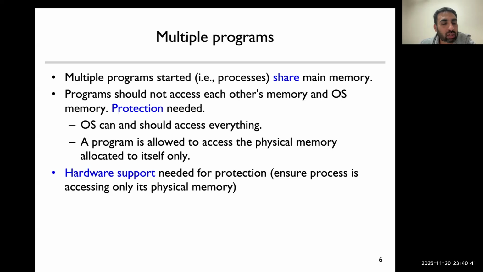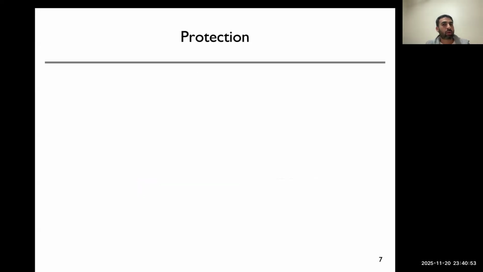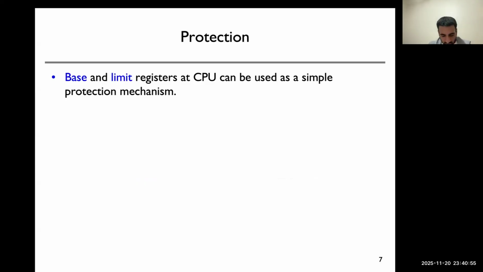Otherwise, it's difficult to ensure that a process is actually accessing only its own allocated memory. So how can we enable that protection? There are various ways, but we are starting from the very simplest version of that protection, just to give us an idea.